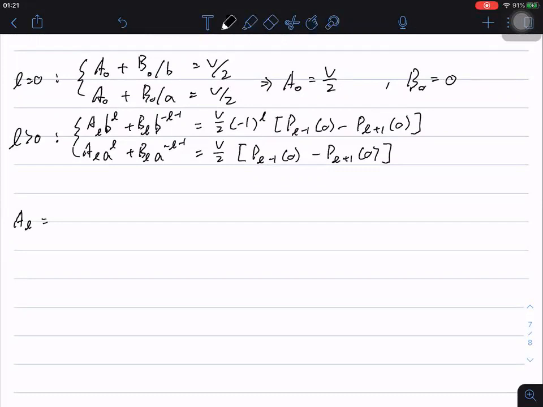You can do the algebra. So here, I just write down the solution of AL and BL. It is related to A and B and L this way.